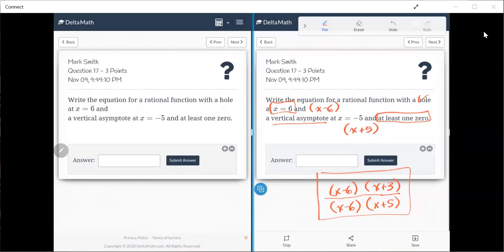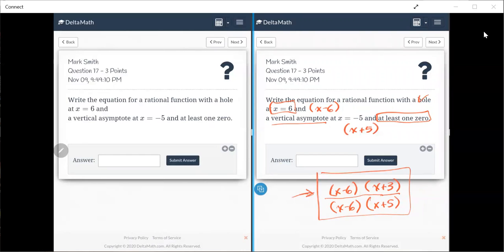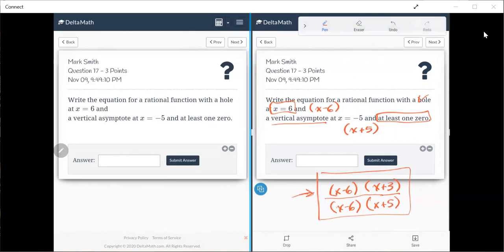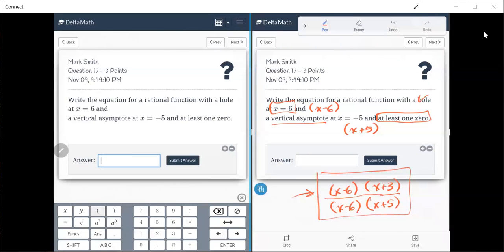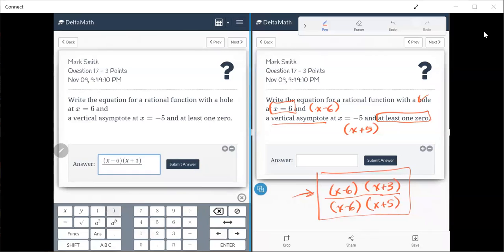Delta Math will not grade that. This is teacher graded because there can be lots of different answers. So once you put it in, let's put that in over here: x minus 6 times x plus 3, over x minus 6 and x plus 5.